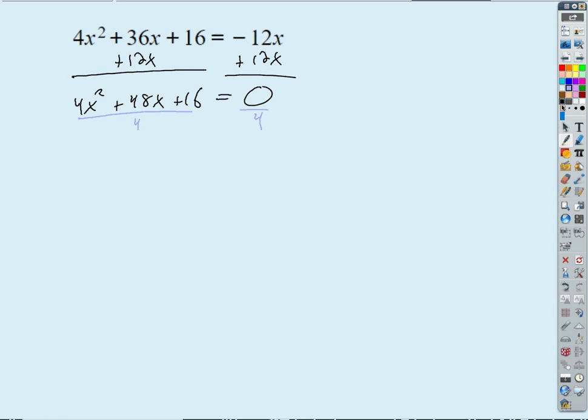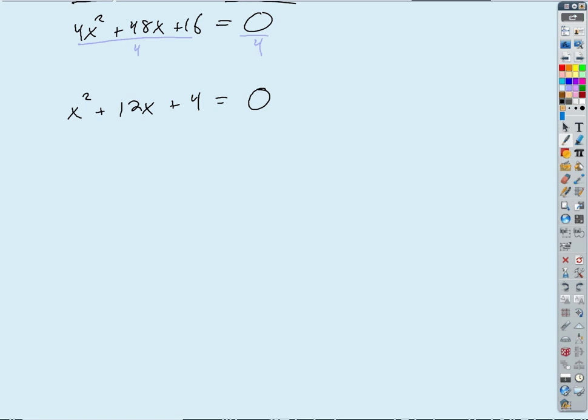What do I get on the left? Equals 0. Okay? So we can't isolate x, right? We can't factor, because no magic numbers exist that multiply to 4 and add to 12. So what do we do? We square.